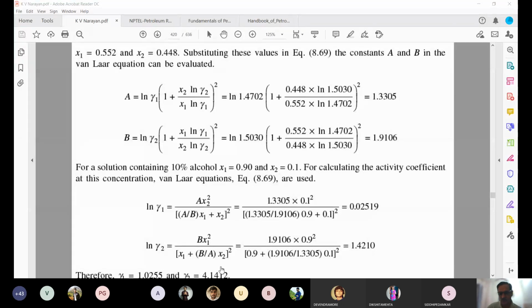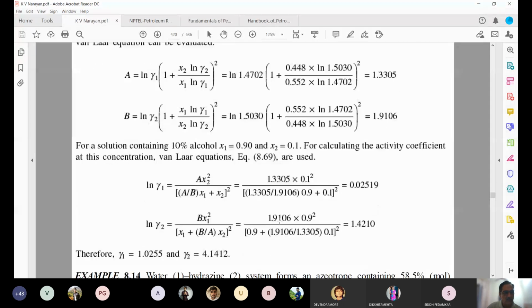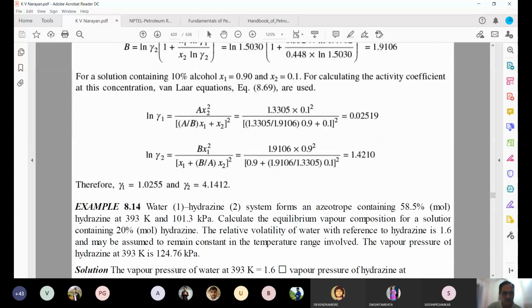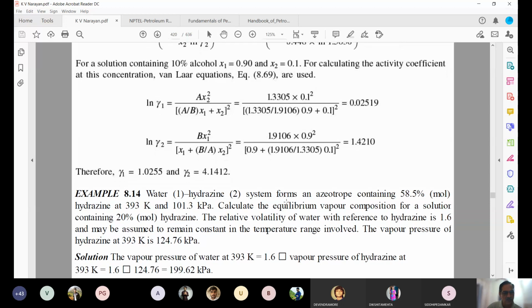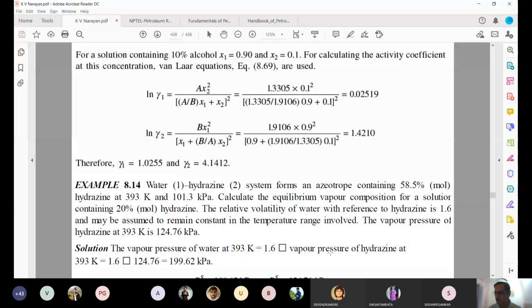We have only 4 minutes, so let me show you the next problem. You can take it as a homework assignment. It is a solved problem, but try it yourself. Water is given in brackets as 1, so treat water as component 1.